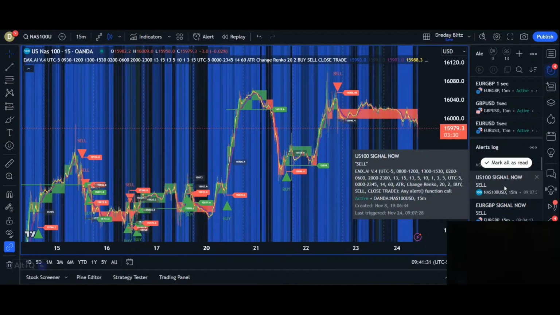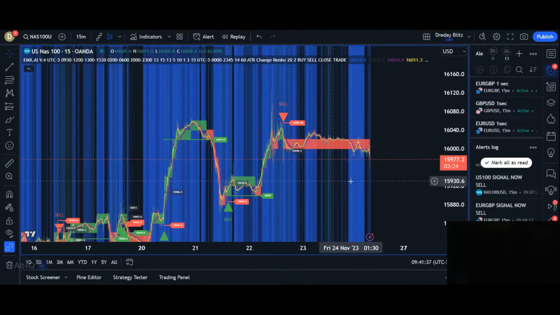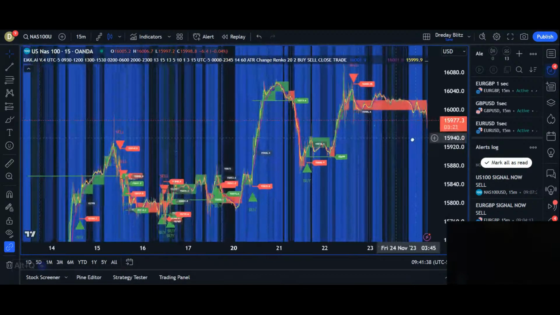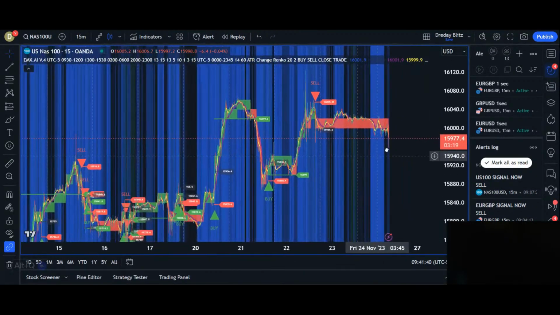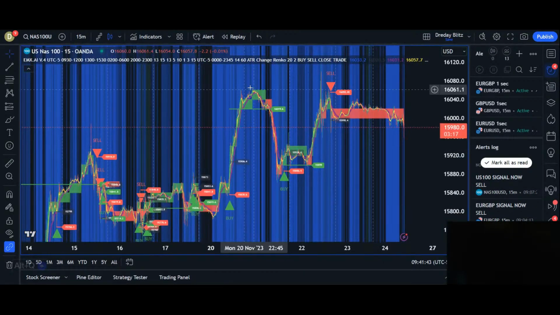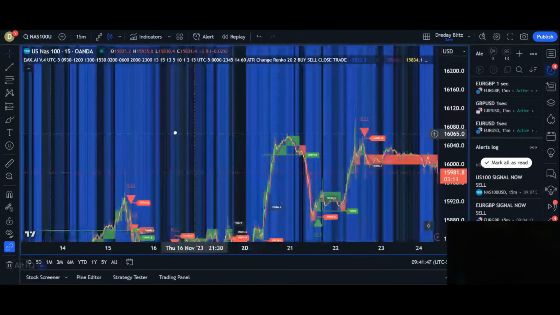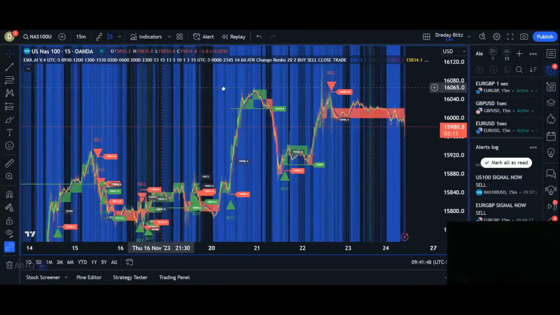So you had a 1 hour at 9. You had a sell. So if you had a sell, it's still continuing on. Since it's Friday, for sure it will retrace and then close.